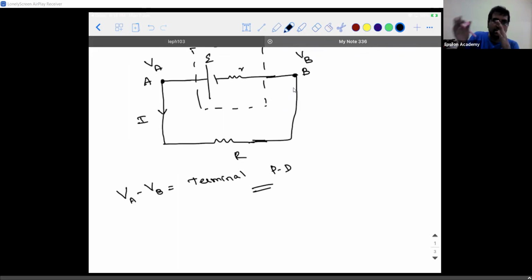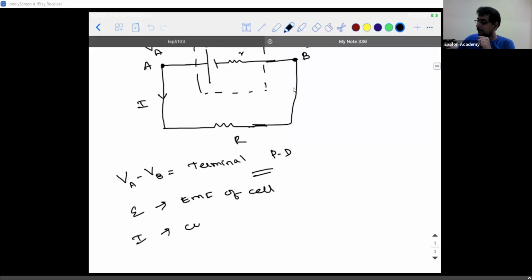Terminal means the positive terminal and the negative terminal. Terminal means end. So E stands for the EMF of the cell, I stands for the current, and small r stands for the internal resistance.